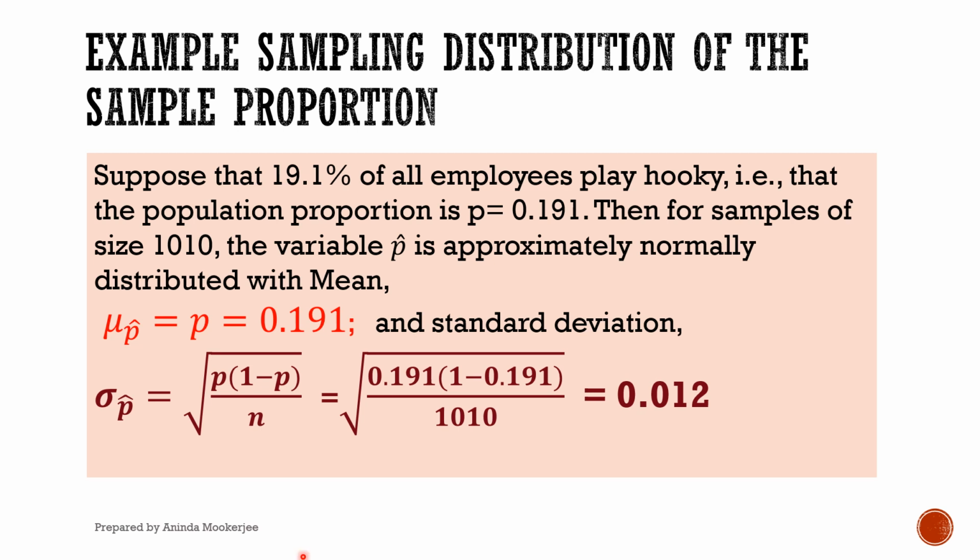Let's look at this question on the sampling distribution of the sample proportion. It says, suppose that 19.1% of all employees play hooky, that is, that the population proportion is P equals 0.191. So 19.1% of all employees, this phrase itself tells us that they are referring to the population proportion.